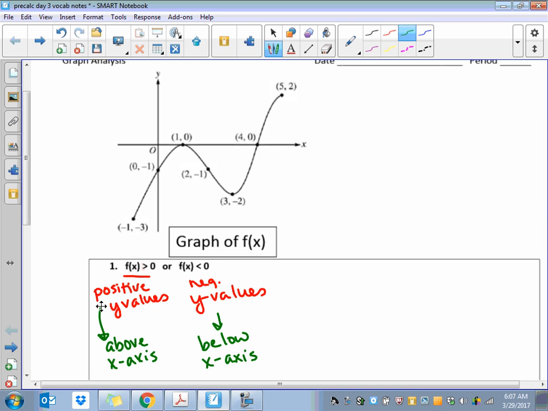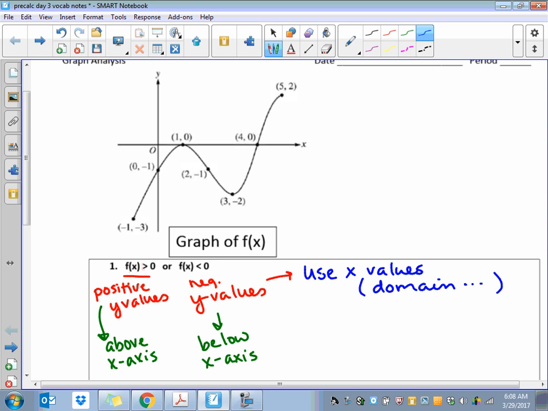When we describe these sections of graph, they're going to be described using x values. Think about them the way you describe a domain.